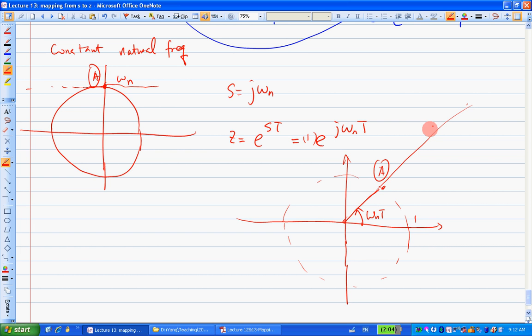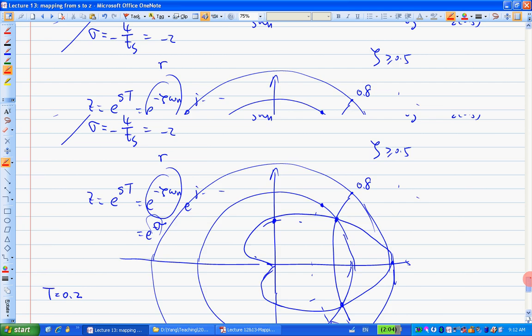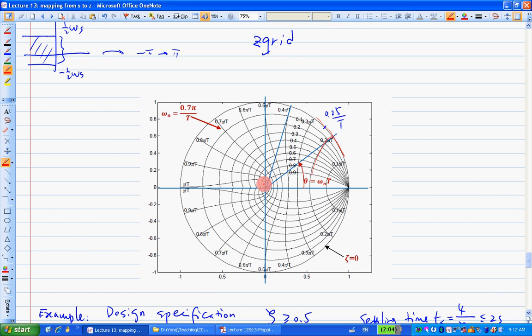So this line is perpendicular to the unit circle, and this constant natural frequency curve is also perpendicular to the unit circle at this location. That means this radial line and the constant natural frequency curve should be tangent to each other.